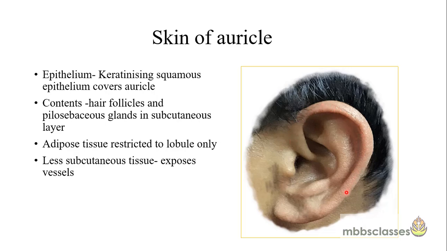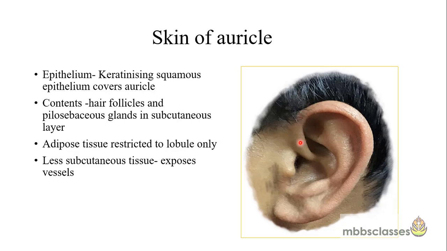It is not as thick as in other parts of the body. This is important because due to this thin subcutaneous layer, the vessels are in a relatively exposed state, which makes them vulnerable to frostbite.